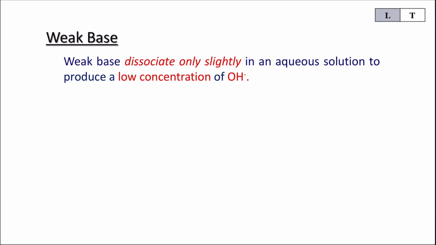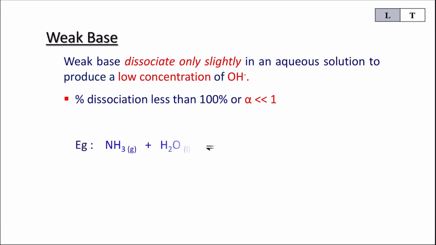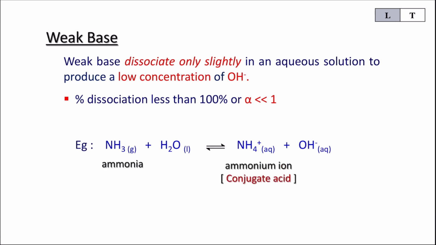Next we go for weak base. Weak base dissociate only slightly in aqueous solution to produce low concentration of OH-. Maknanya degree dissociation dia less than 100% or alpha less than 1. So contoh yang Miss boleh tunjuk kat sini adalah ammonia. So ammonia is considered as weak base apabila dissociate dalam water dan dia menghasilkan NH4+.